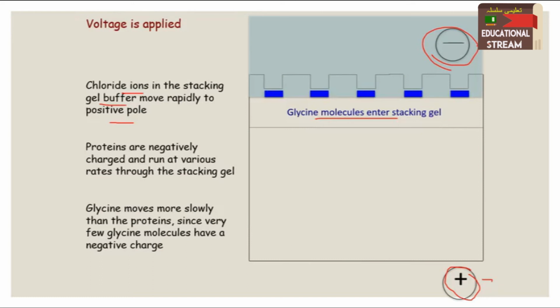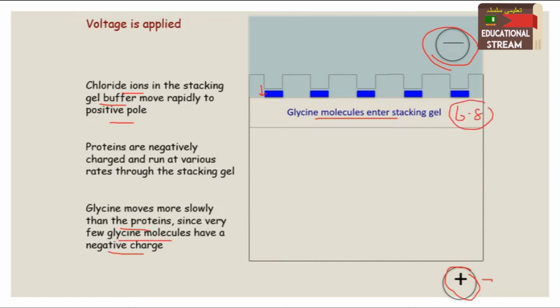As you can see, this was the well, and now samples have entered into the stacking gel. Glycine will move more slowly in comparison to the protein because very few glycine molecules have a negative charge because of the pH of the stacking gel, which is 6.8.